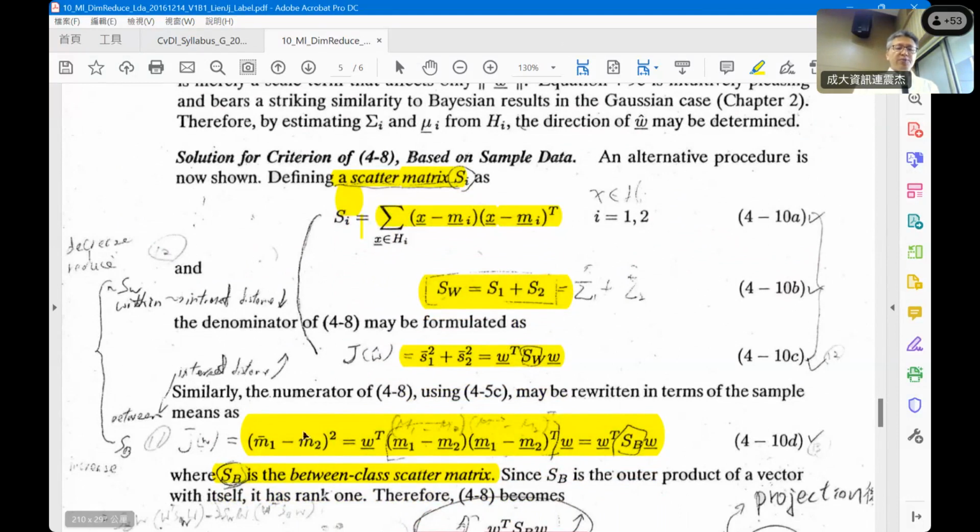We try to formulate this one. So m1 minus m2 square root equal to 2D. Which one is 2D? We call it square root. So 2D project to the 1D. 2D project to 1D. So this equation become this one. And we find SB is a between two average value.